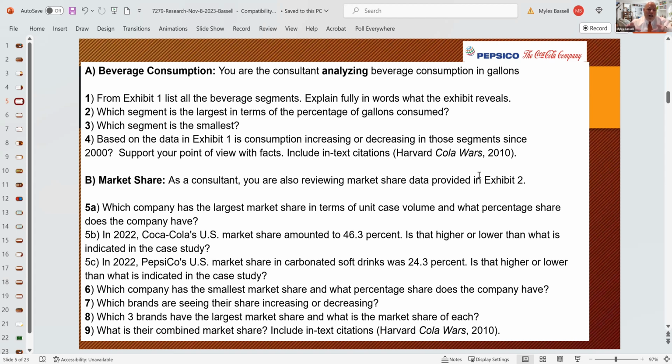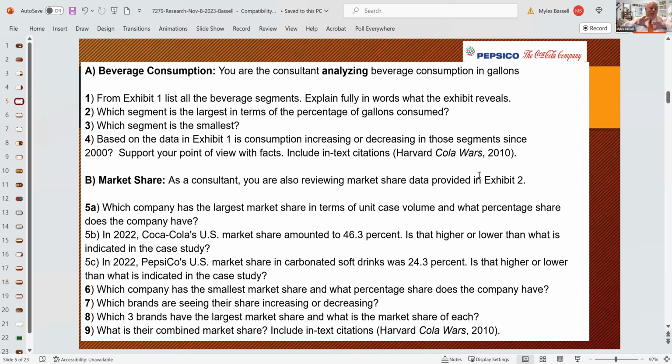Once we get beyond Coca-Cola and their master brands, because the Coca-Cola company is the corporate brand, and then they have a variety of master brands, including Coke, Diet Coke, Sprite. Those are all examples of their master brands.